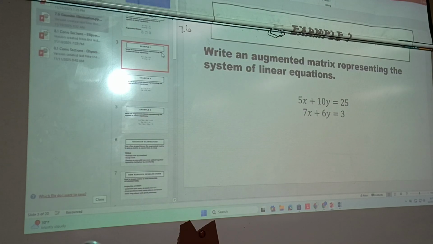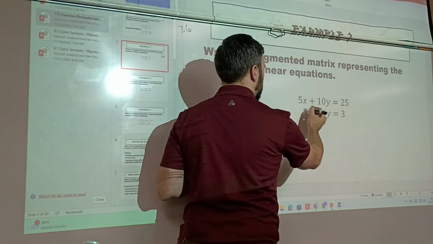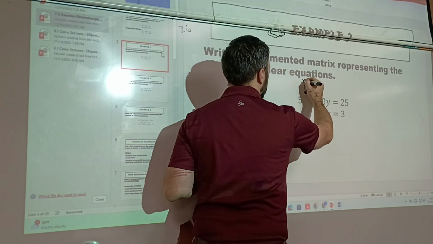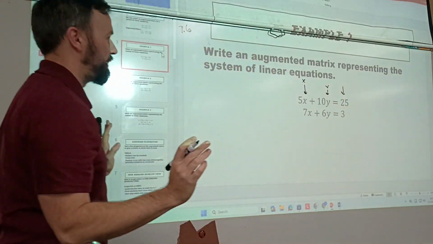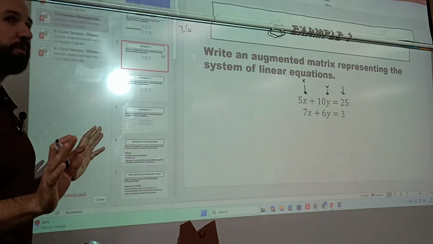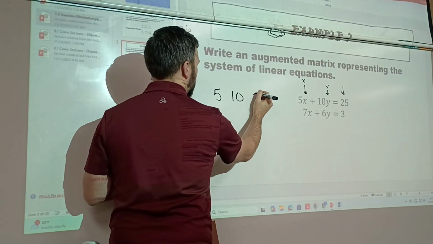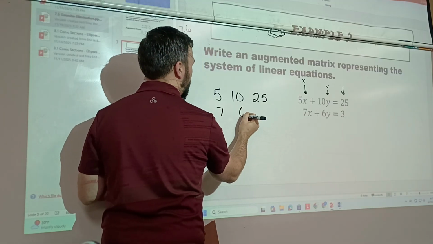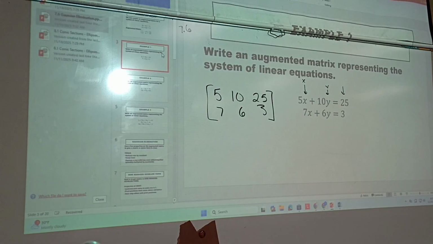So first things first, we need to be able to take a system of linear equations and turn it into a matrix. Okay. How do we do that? Well, make sure your x's are lined up, make sure your y's are lined up, and then make sure that the constant is not an x or y. Now to convert it to a matrix, we just use our leading coefficients, and boom, that's a matrix.